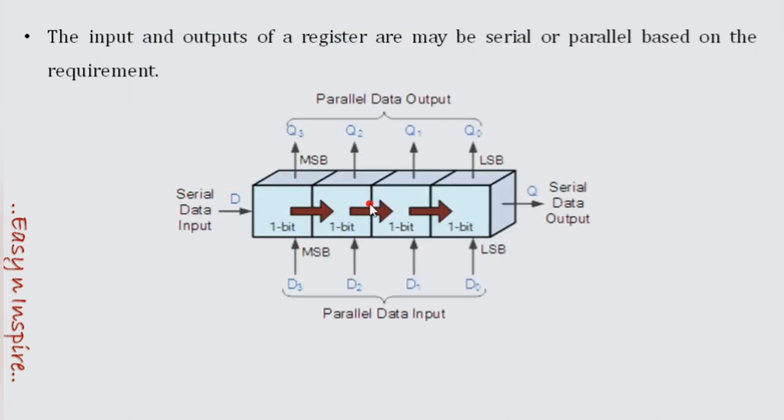This is serial input. And here I am getting the data. Serial input and serial output. If my data input is serial and output is parallel, then it is serial input, parallel output register. Similarly, parallel input, serial output, parallel input, parallel output. Totally 4 types of registers are there. So based on the input-output combinations, shift registers are again divided into 4 types.